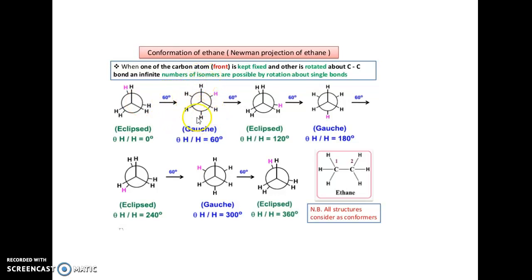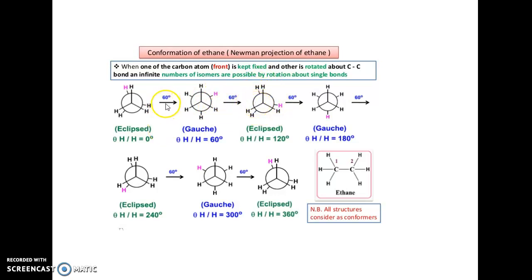This is a staggered conformation of ethane, which we also call the gauche form. Once again, keeping the front carbon fixed, if you rotate the back carbon through 60 degrees, we will again get the eclipsed conformation.